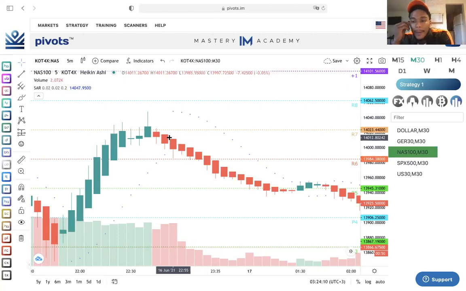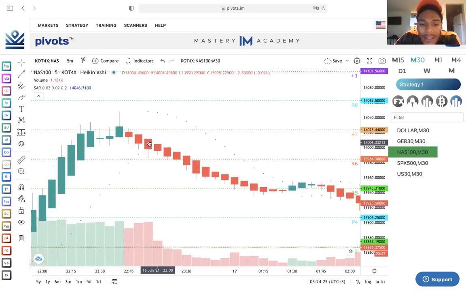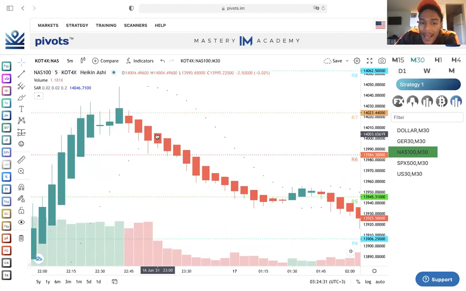Rule number three. Now make sure y'all don't got no wax in y'all ears, because this is when a lot of people get confused. No, it's simple. Let's keep it simple. If we are looking for a sell, we need two flat tops. Flat tops mean nothing is coming out of the candle top.